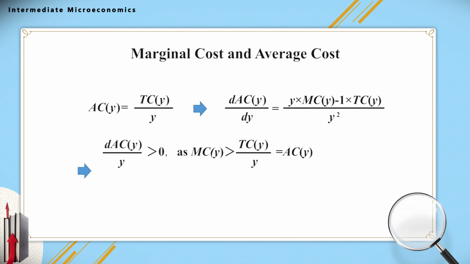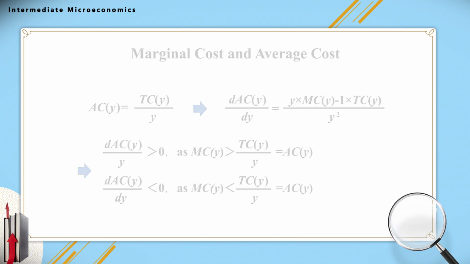That is, average cost rises as the output increases. Conversely, if the marginal cost is less than the average cost, the slope of the average cost curve is negative. That is, the average cost decreases as the output increases.